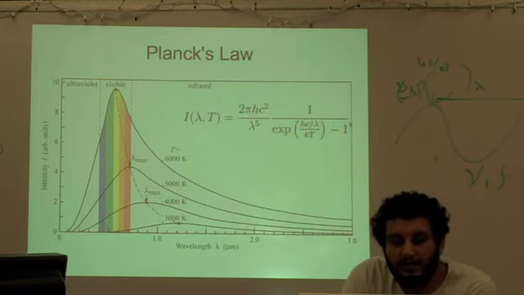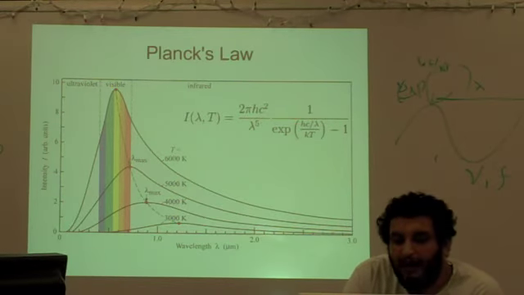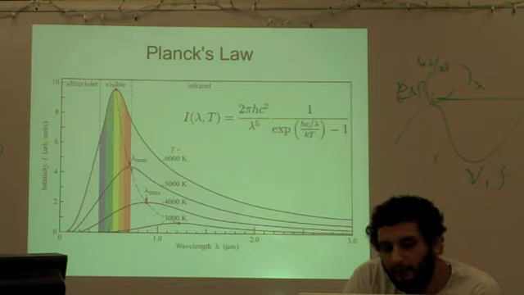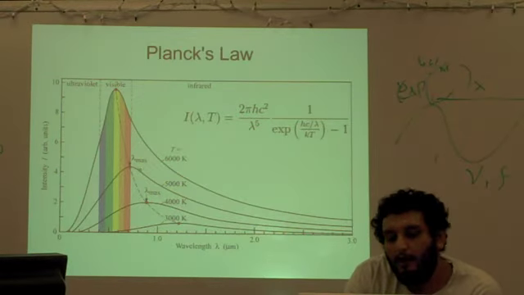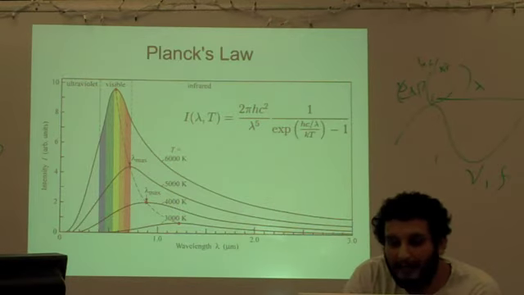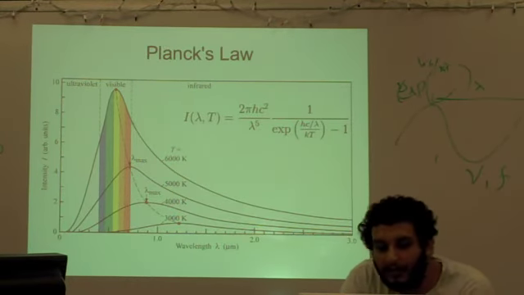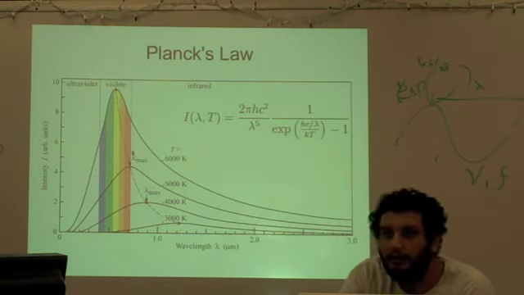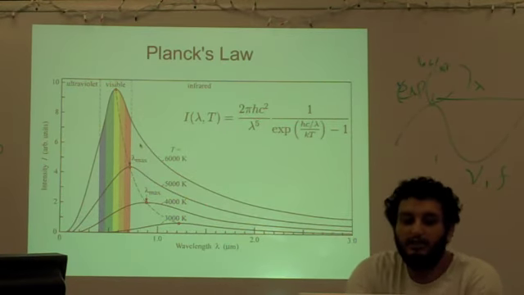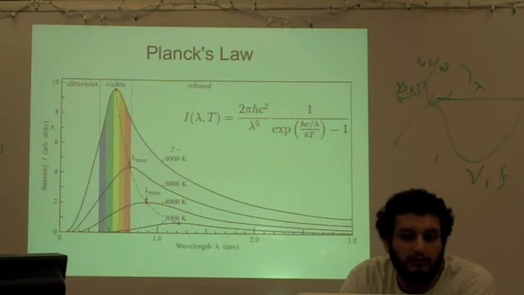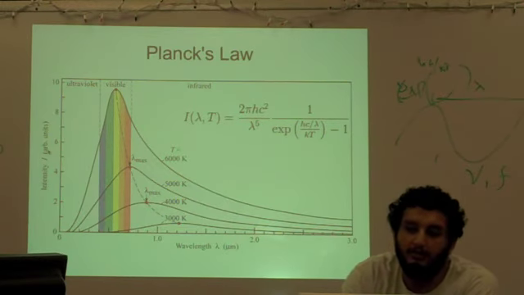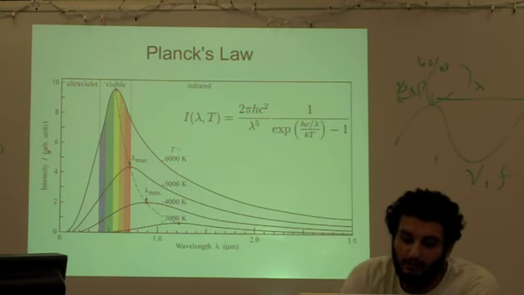So you could say, for example, that the 5,000 degree black body is emitting roughly half of the radiation of the 6,000 degree black body at this wavelength, because this is at 8, this is at 4 roughly. So it gives you the relative intensity. The units here are arbitrary units right now, so don't worry about that. It's just a measure of the amount of radiation, basically.